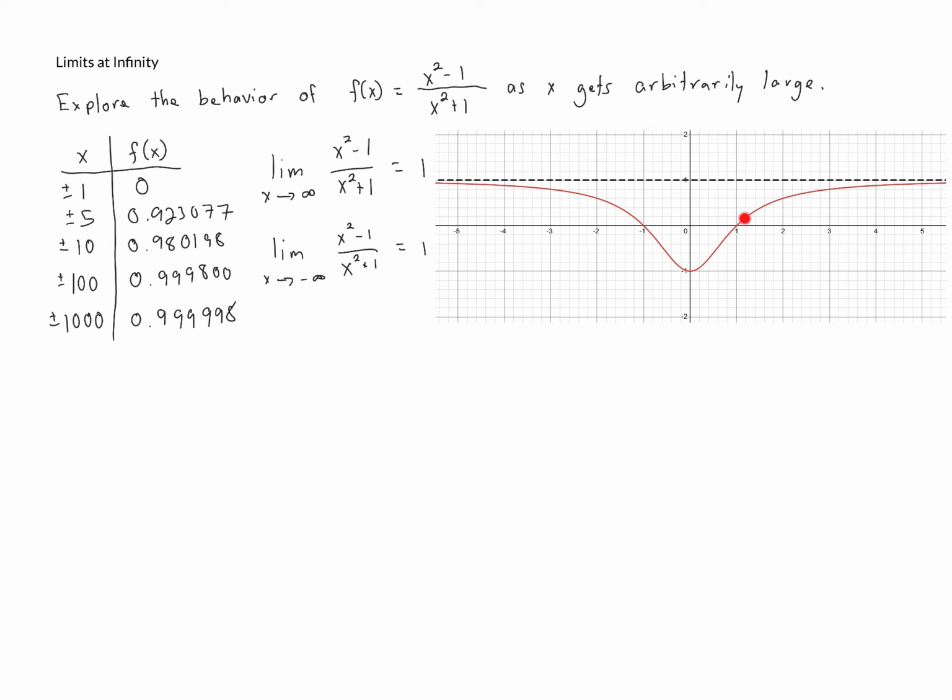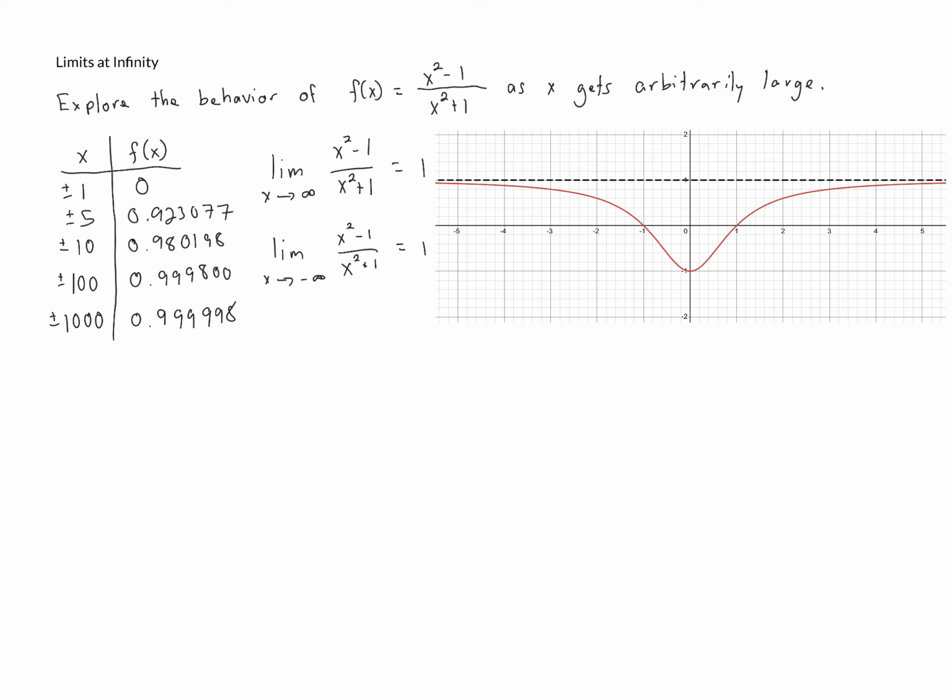And as we take our x values and make them larger and larger, we can see that the y values are getting closer and closer to 1. In fact, they are asymptotically approaching 1. And the same is true in the negative direction. So this is why we end up having these limits, because you can see the function is getting closer and closer to 1 in both directions.